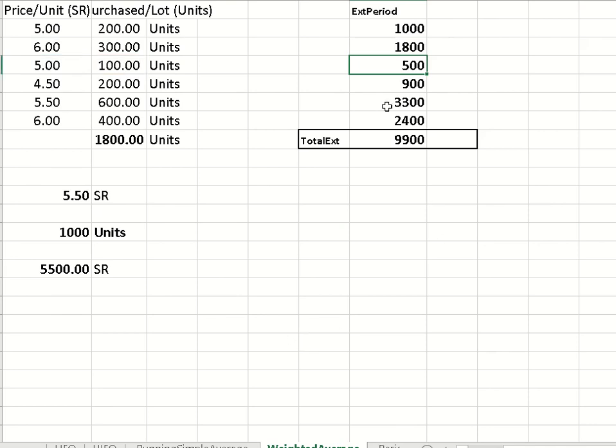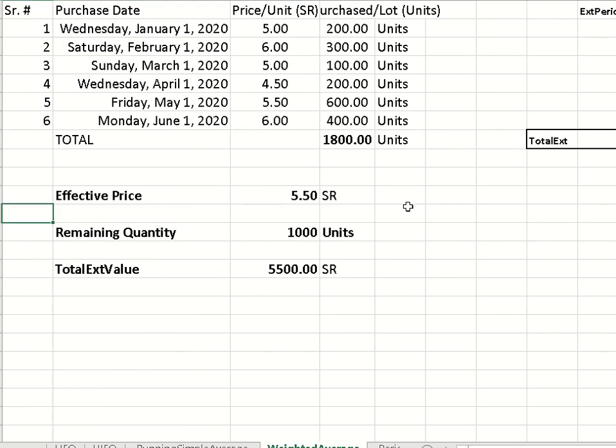You just add them together and make a total. I refer to it as a total extension, 9,900. That's the one on top, the numerator. The denominator is 1,800.